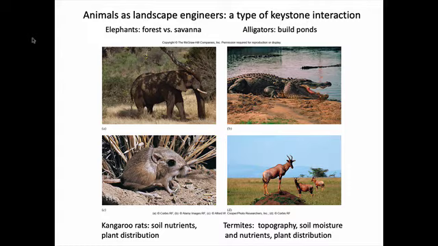So elephants are crucial in East Africa in maintaining savanna because they are the only animals capable of pushing over large trees, and they will push over a couple of hundred trees a day if they are looking for fruit. Well, that kills the trees.